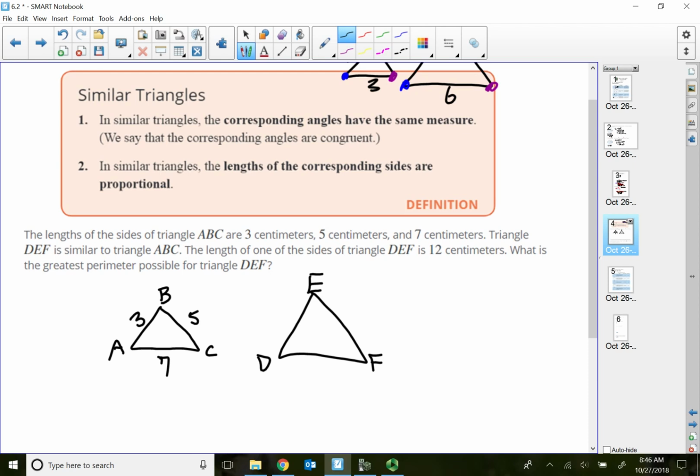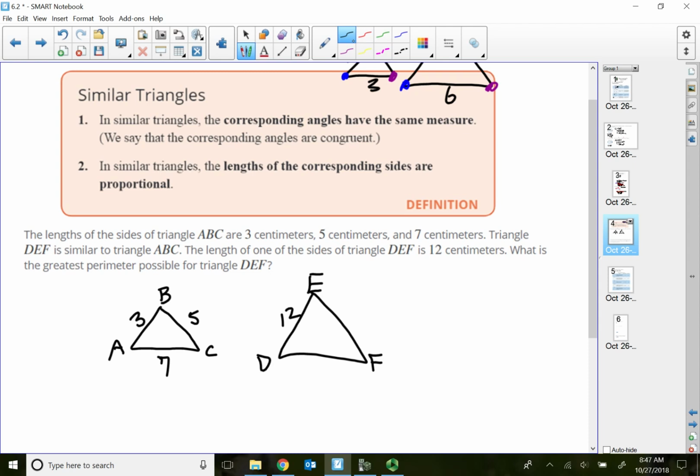The length of one side of the triangle is 12 centimeters. What is the largest perimeter possible for triangle DEF? So if D to E is 12, what is the largest perimeter possible for triangle DEF?